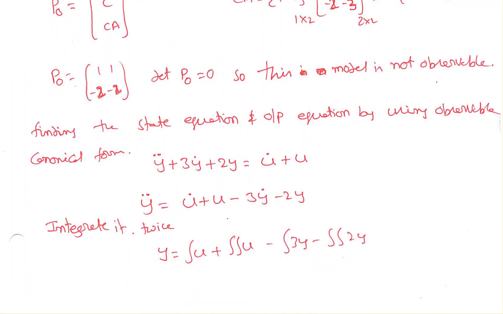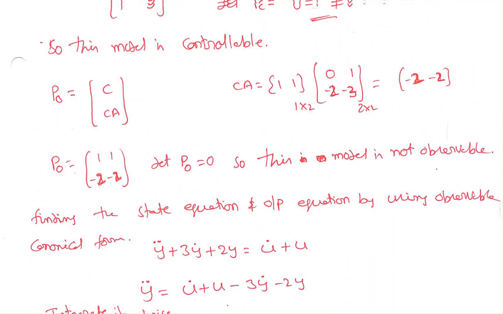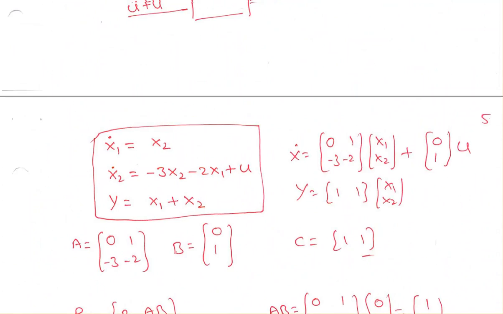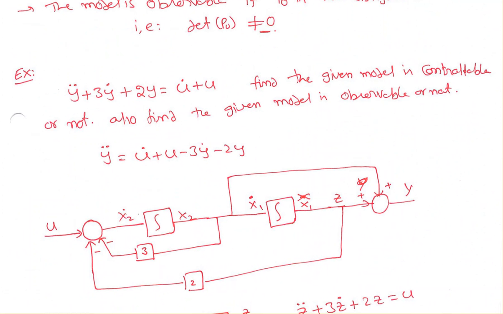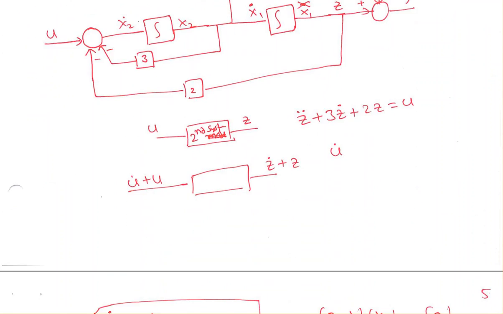Here is the same example, but I solved it by using the observable canonical form. It's the same equation: y double dot plus 3y dot plus 2y equal to u dot plus u, just for verification purposes.